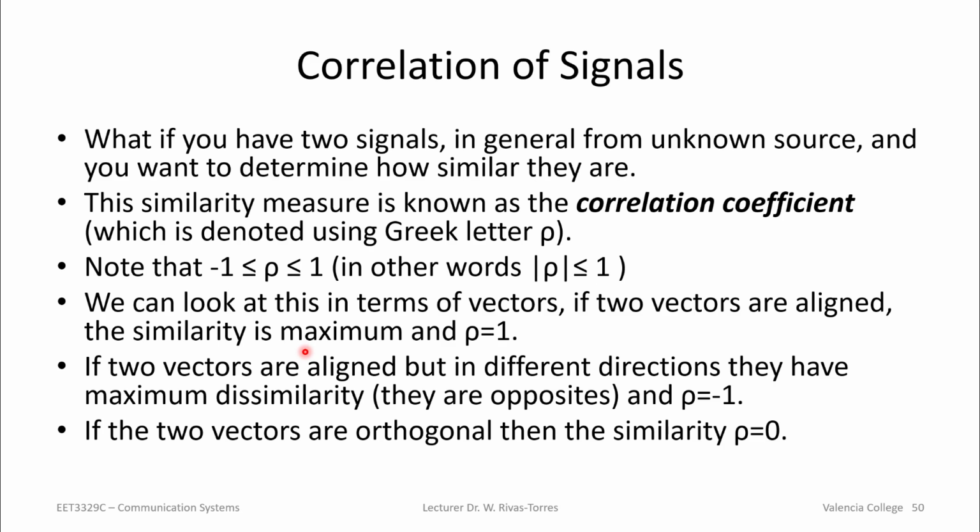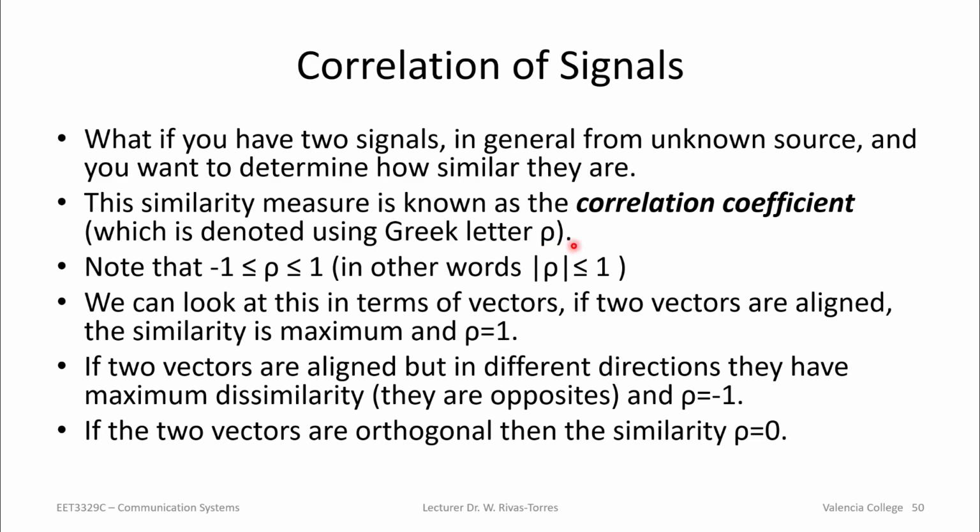Let's talk about correlation of signals. What if you had two signals, and in general, you don't know where they came from or what they are, but you want to know how similar they are, right? This measure of similarity is what we know as the correlation coefficient, and we use the Greek letter rho for that.